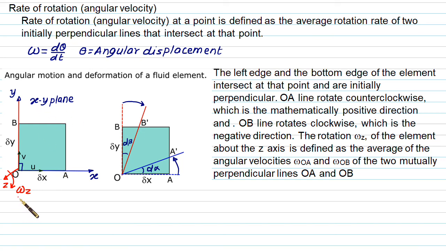This omega z, the rotation of the element about the z-axis, is defined as the average angular velocity, omega OA and omega OB, of the two mutually perpendicular lines OA and OB. So omega z is equal to omega OA plus omega OB, but in this case you have to take the average value, therefore you have to divide it by 2.